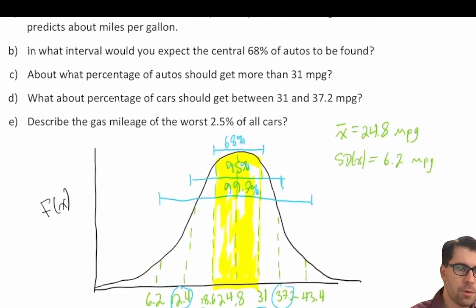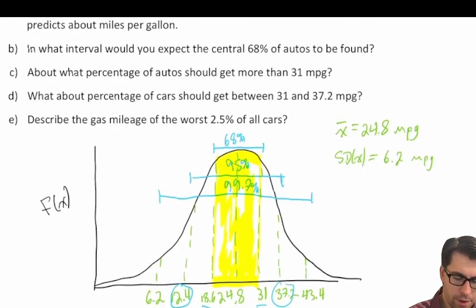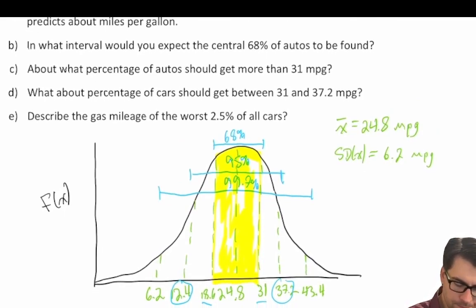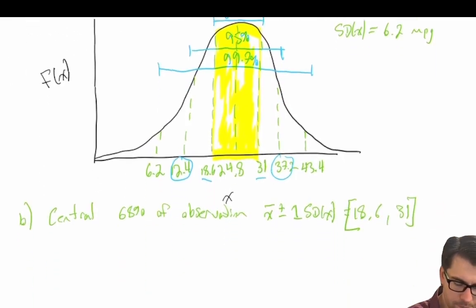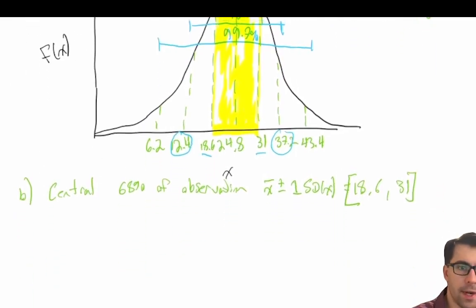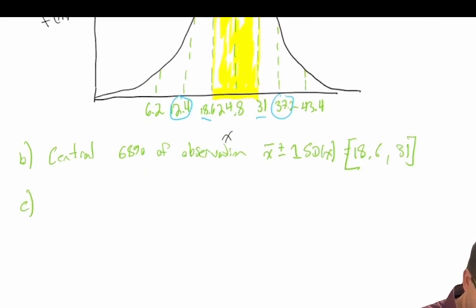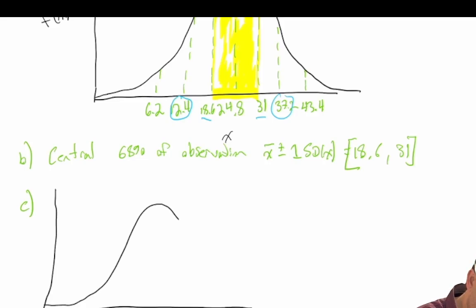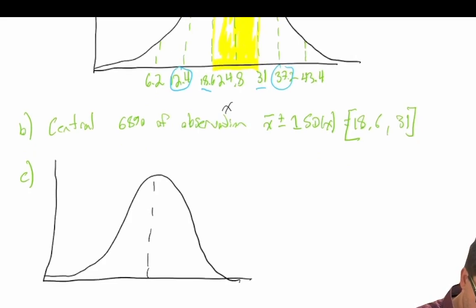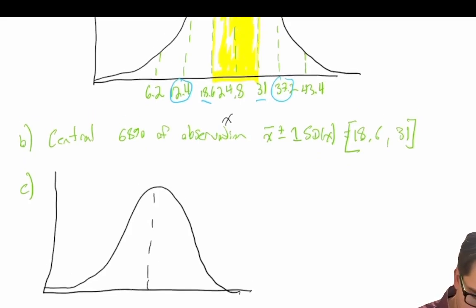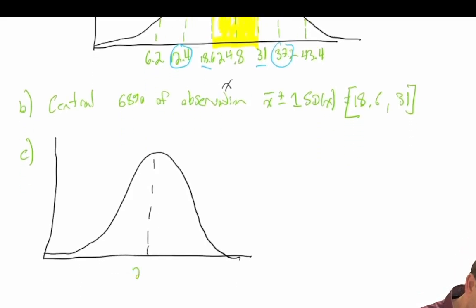About what percentage of automobiles should get more than 31 miles per gallon? Okay, so there's a couple different ways we can answer this question, but let's answer it the way that we're going to do in this question. So let's just draw it out and make our lives a little bit easier. We know that we're centered around 24.8 miles per gallon.